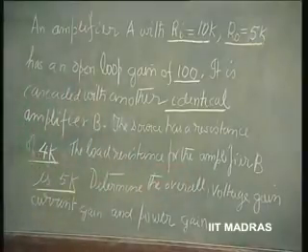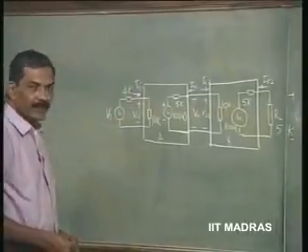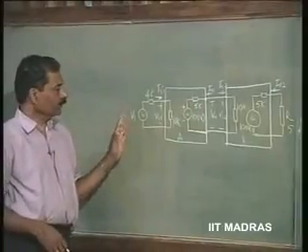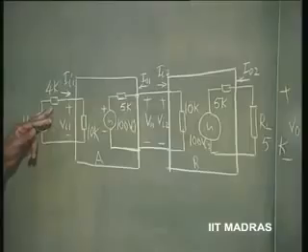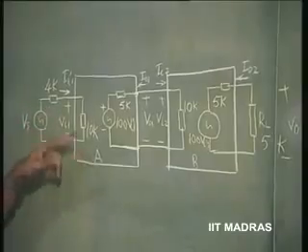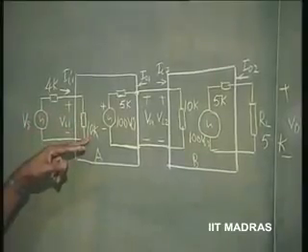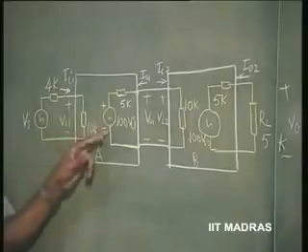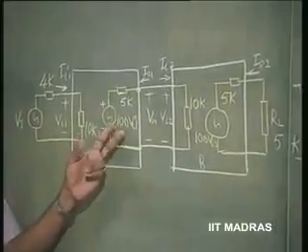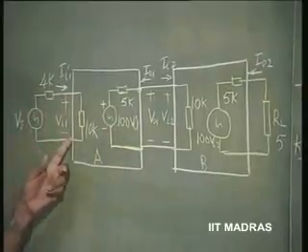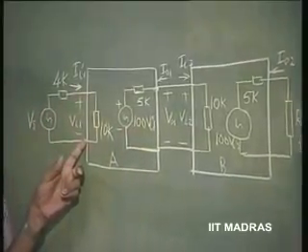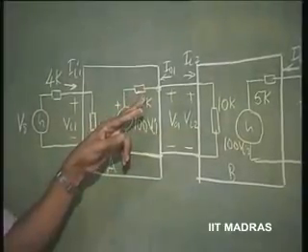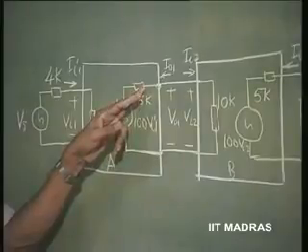That is the problem. Let us see pictorially how this cascading looks like. We have the source with source resistance of 4K connected to amplifier A. At the input it has 10K input resistance. Now that amplifier has an open loop gain which is 100 times Vi1, where Vi1 is the input to amplifier A, and a series output resistance of 5 kilo ohm.